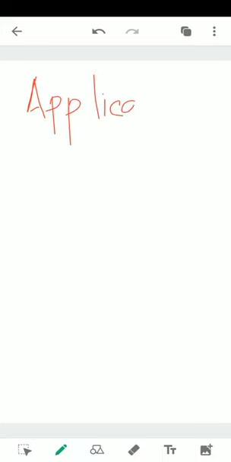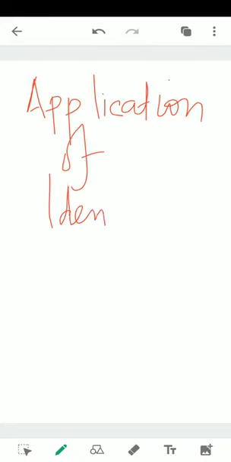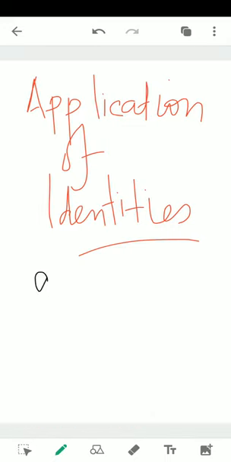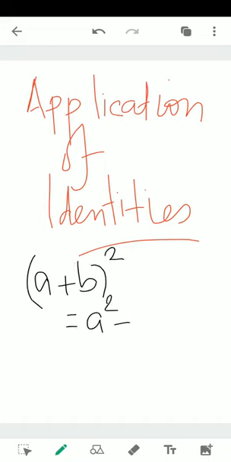Application of identities. So the identities that we are going to use in this chapter is (a plus b) whole square, which is a square plus 2ab plus b square.